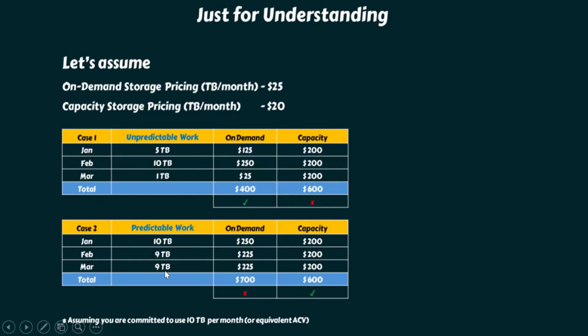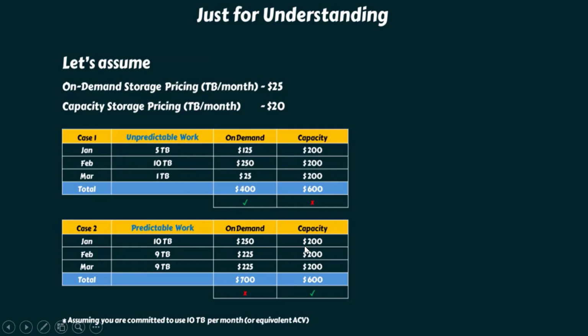Calculating on demand: 10 into 25 is 250, 9 into 25 is 225, and 9 into 25 is 225. When I add all these, I get 700. In this scenario, on demand is not suitable. Capacity is better, and observe that capacity is $200 only.